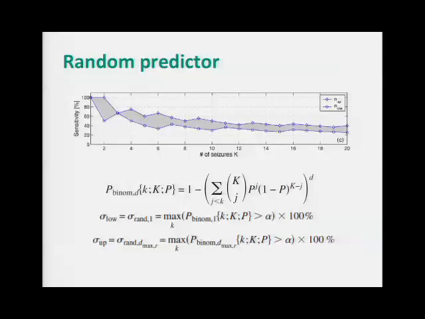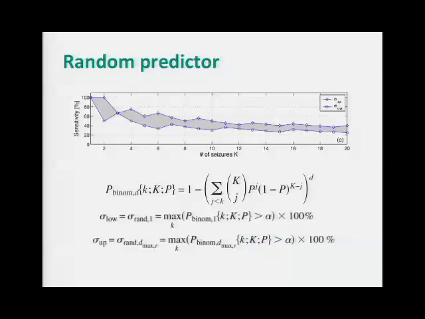So what is established is that we have to compare our sensitivity values to a random predictor that will use the same false prediction rate, or the same specificity that we have.